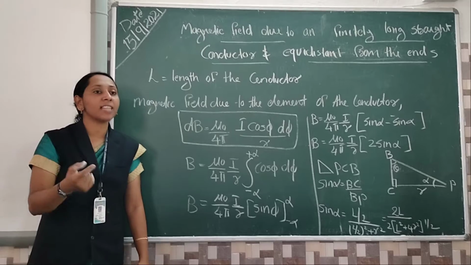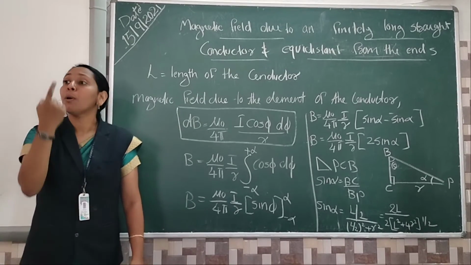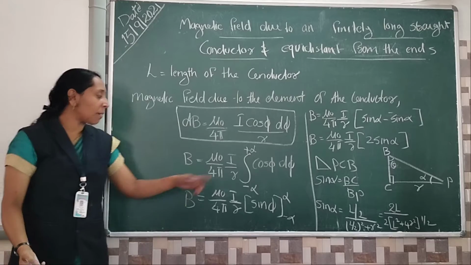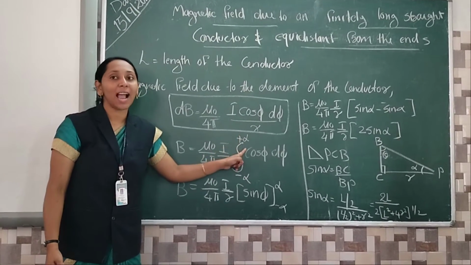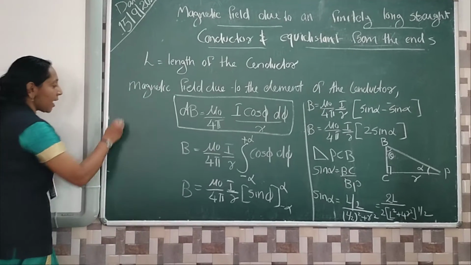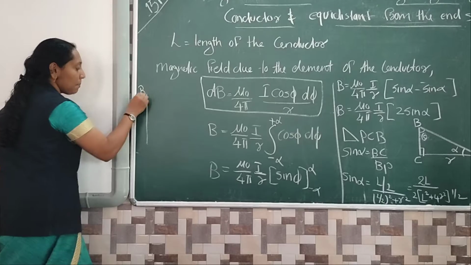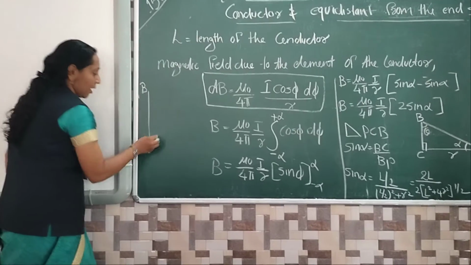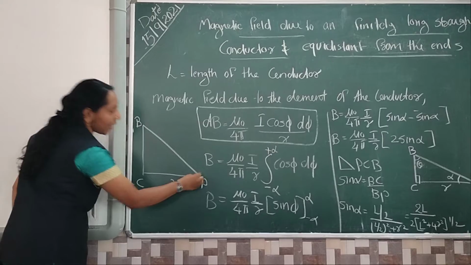The previous case, what is the limit? Minus pi by 2 to plus pi by 2. Now I am considering angles are minus alpha to plus alpha. What is the angle here? And just draw the diagram so that you can understand. This is the length of the conductor BC. BC is the length of the conductor. R distance, the point P is here. Join the line like that.